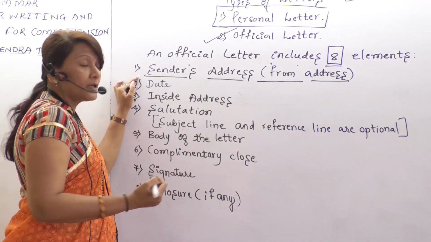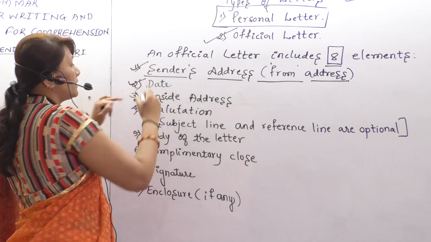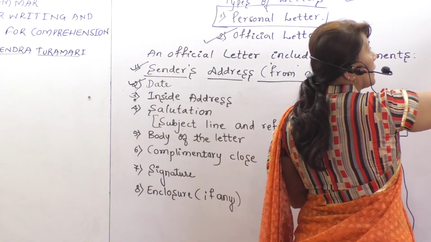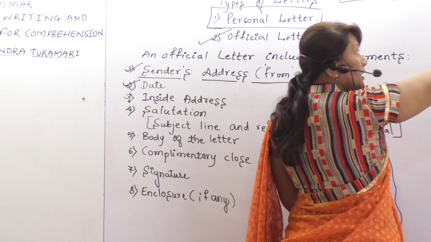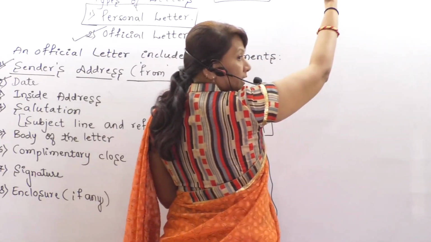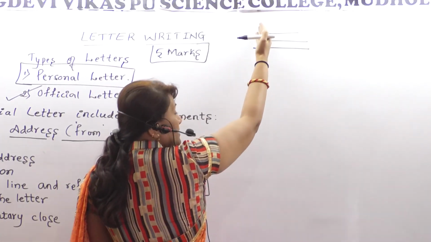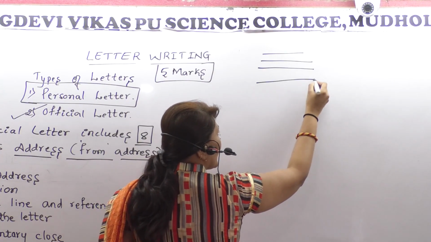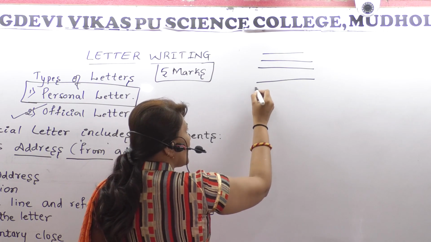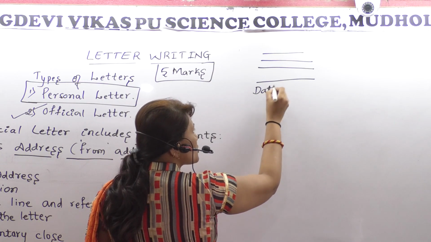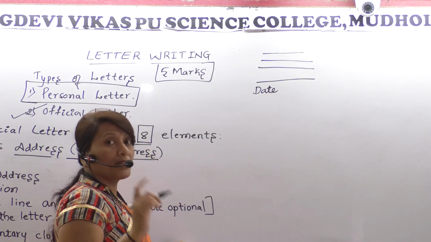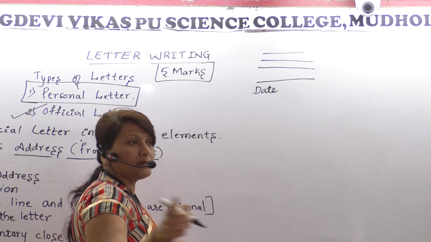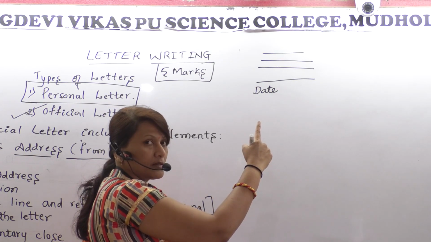Then the second element is the date. After writing sender's address or from address, you have to leave one line. Below that line you have to mention the date. First element is sender's address.